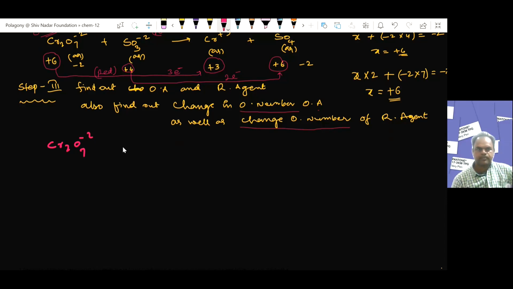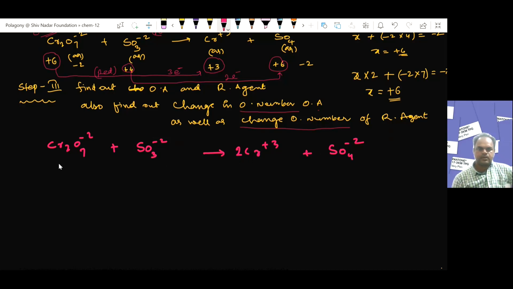So already the chromium atoms are balanced, chromium here 2 and this side 2.